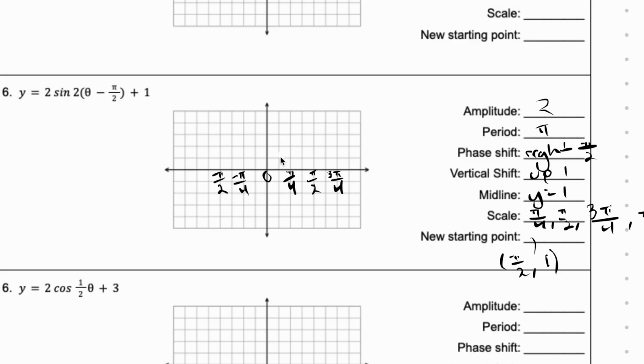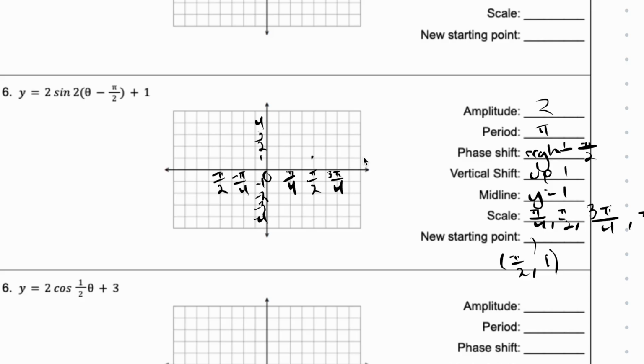Okay, so here, let's do this. -1, -2, -3, -4. Okay, so what's our starting point? Pi over 2, 1. So let's graph right here. And our midline is y equals 1, right? So it's going to oscillate around that.